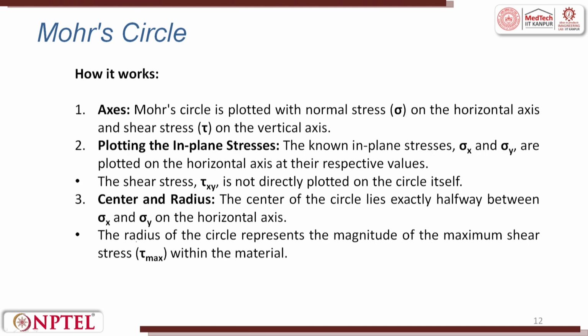How does it work? The first thing is the axes. Mohr's circle is plotted with normal stress sigma on the horizontal axis and shear stress tau on the vertical axis, right. This is the horizontal axis, I represent sigma, and this is the vertical axis, I represent tau.